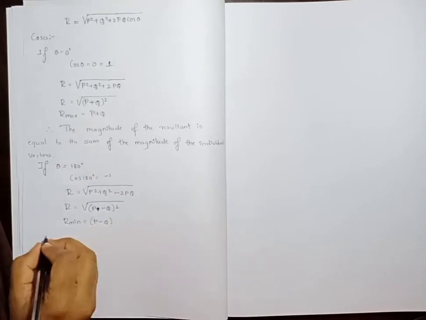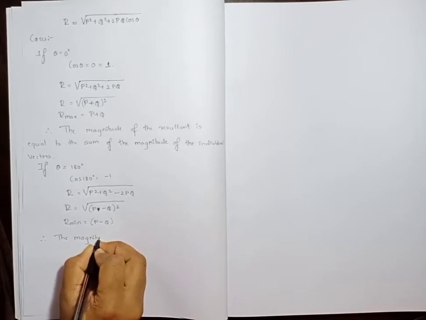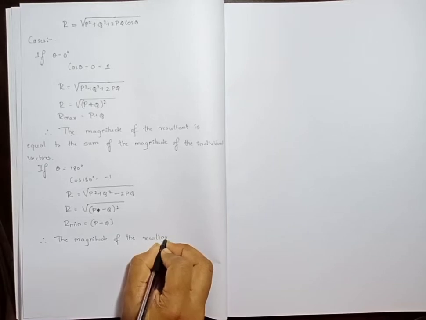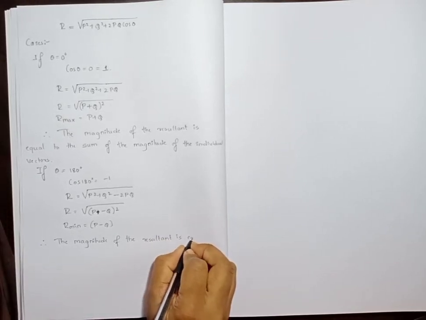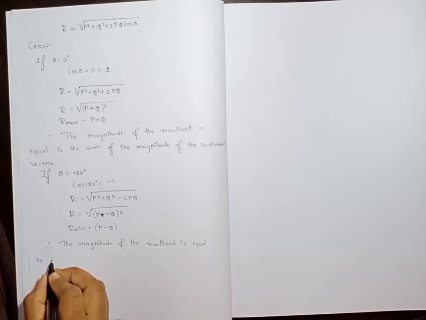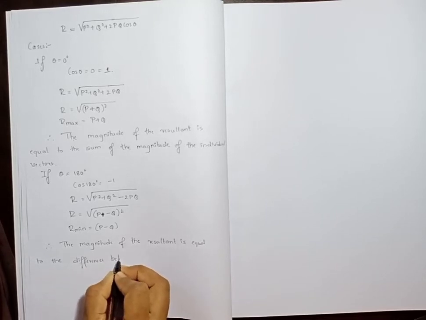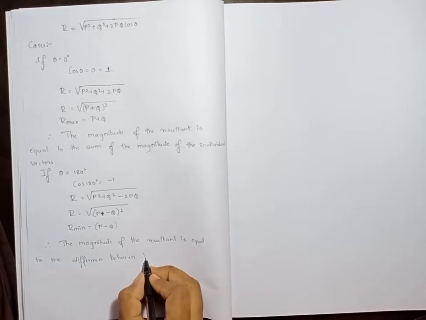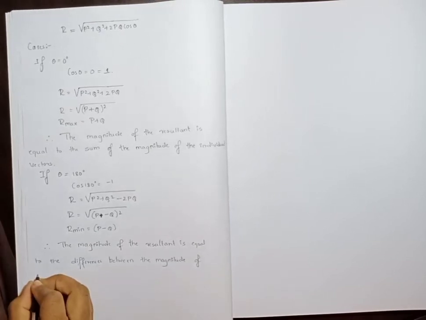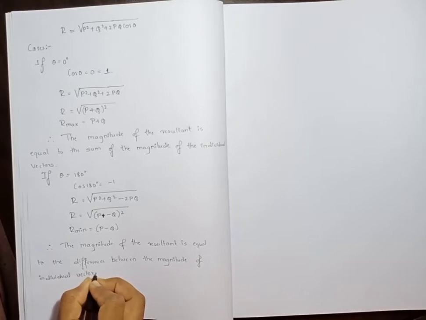Similarly, the magnitude of the resultant is equal to the difference between the magnitudes of the individual vectors.